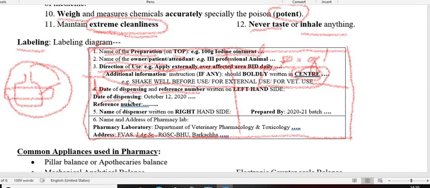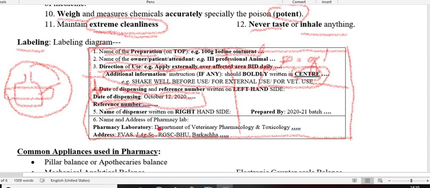So the date of dispensing or preparation, along with the reference number, is written at the left side of the labeling diagram.